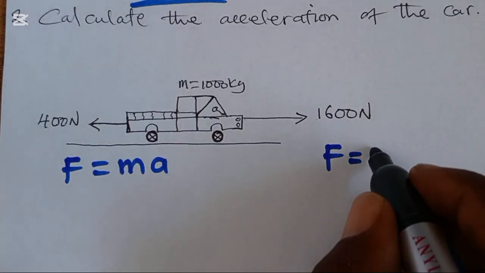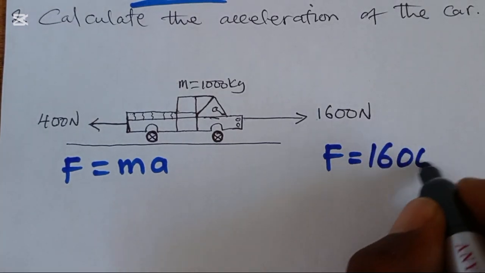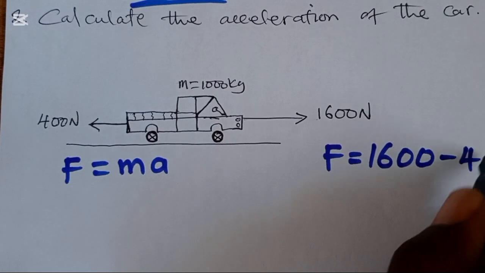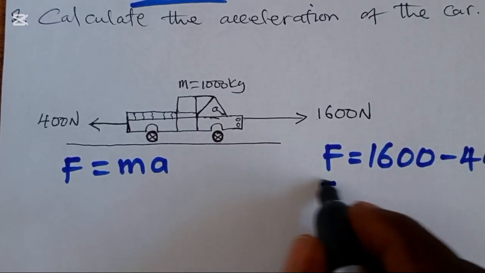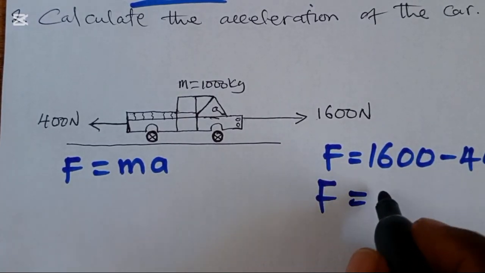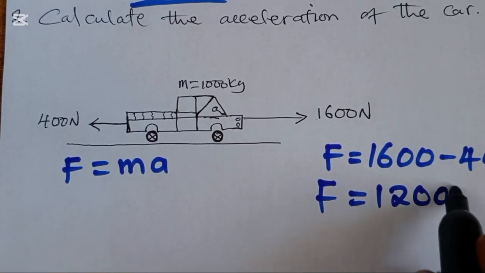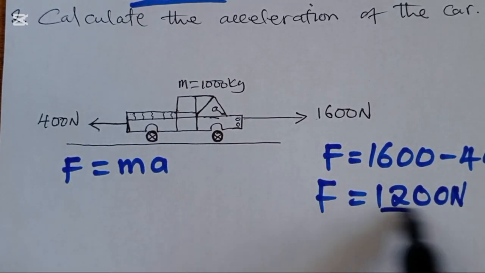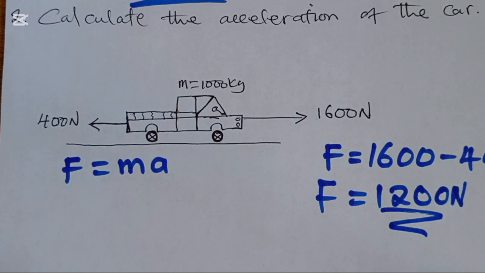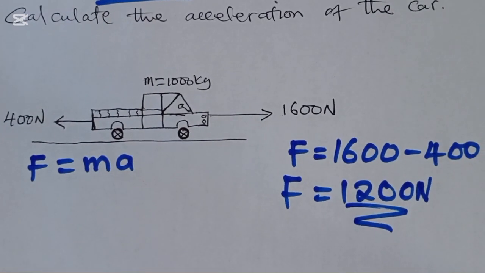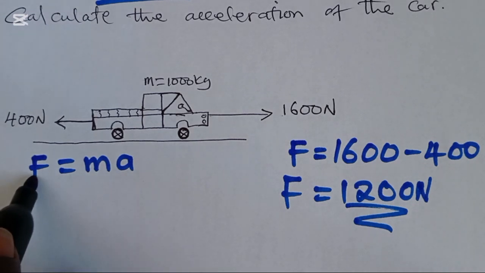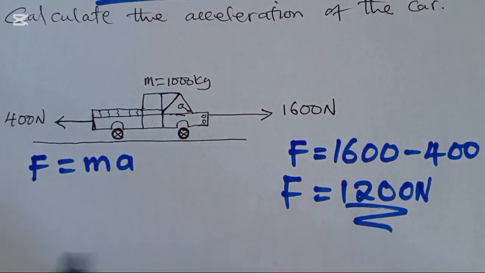So 1,600 minus 400. So the resultant force is 1,200 newtons.